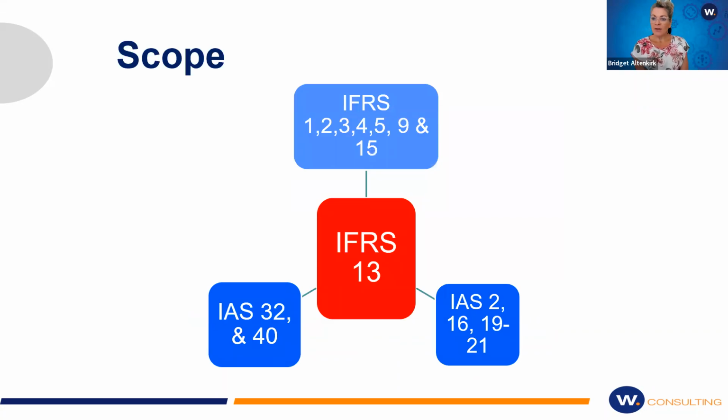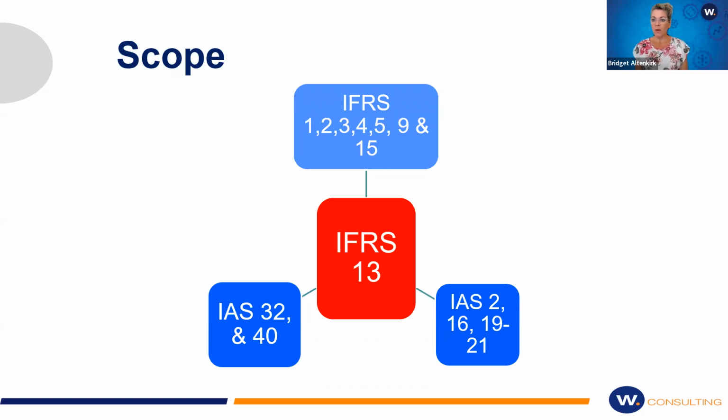So IFRS 13 does not tell you when an asset or liability needs to be measured at fair value. Rather, these other standards indicated in blue on your slide are the standards which tell you when something should or could be measured on a fair value basis. These other standards do not contain any guidance as to how a fair value measurement should be performed.